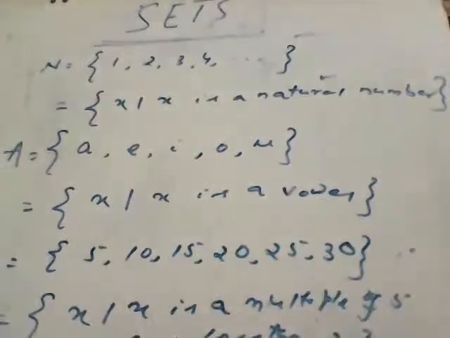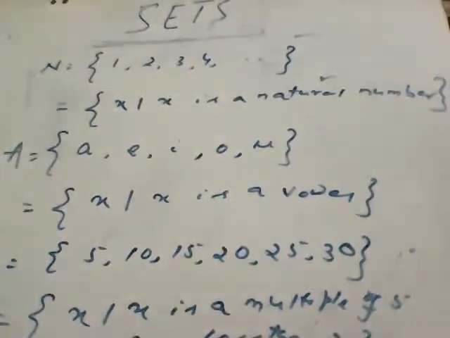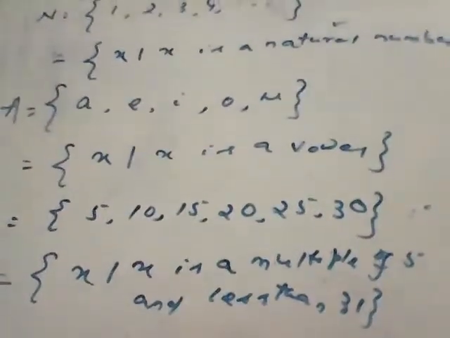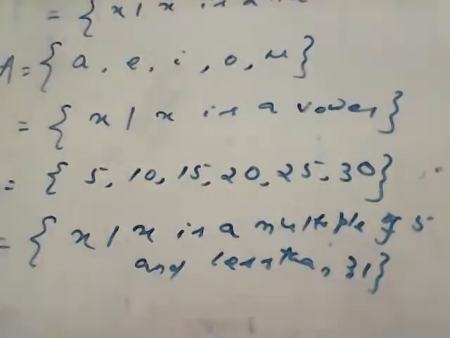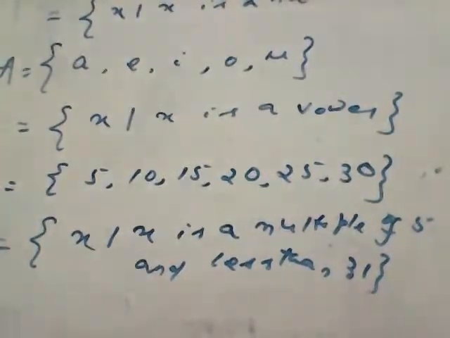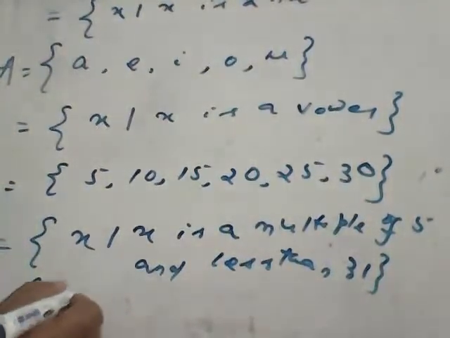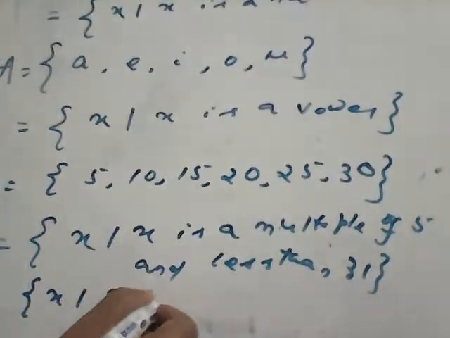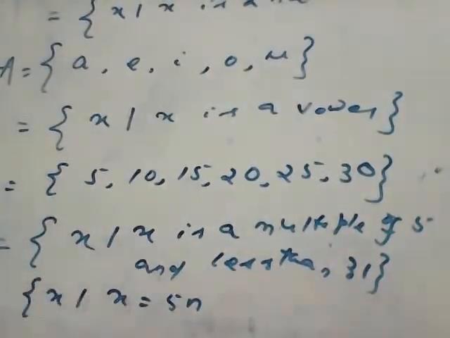In different ways, you can express it. I can write the same set in another way. Here I have written x such that x is a multiple of 5 and less than 31. Another way, set builder form x such that x equal to 5n.